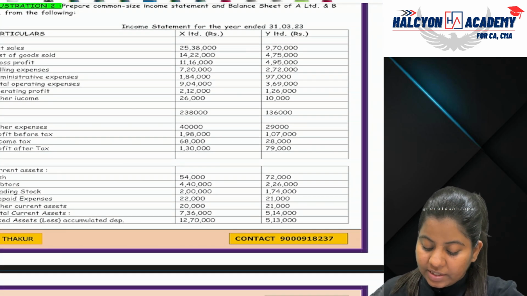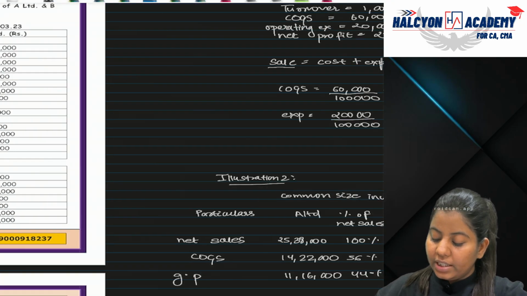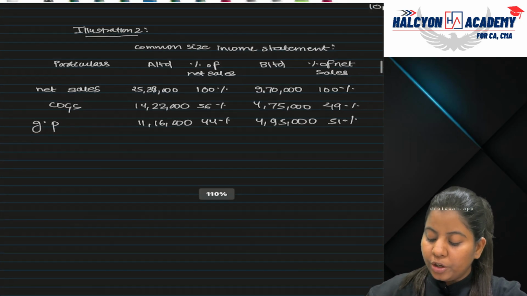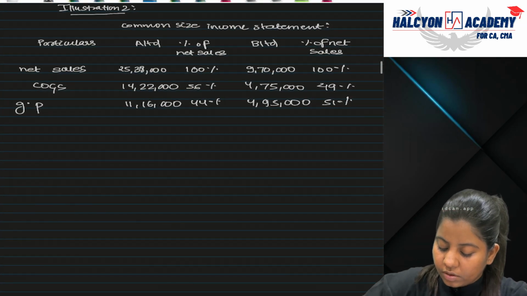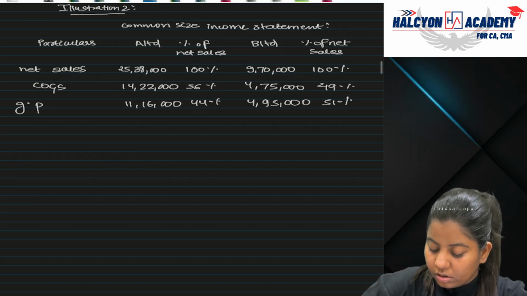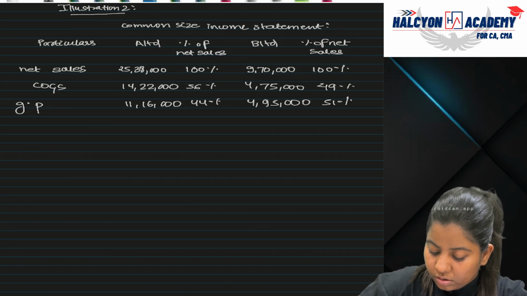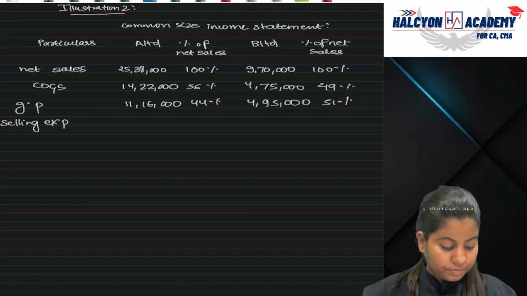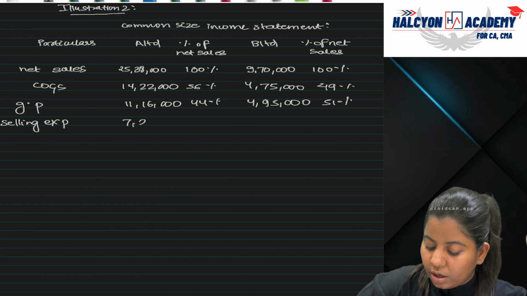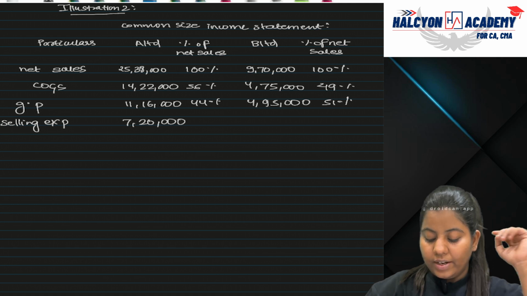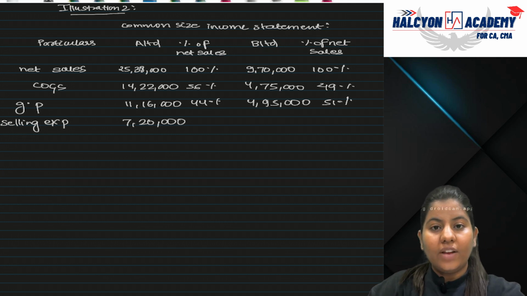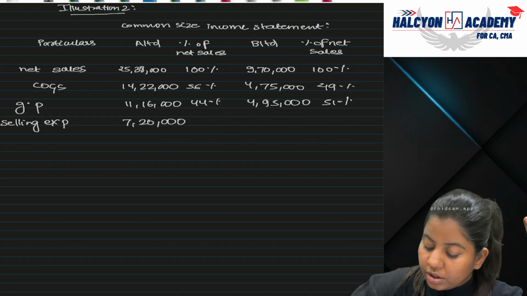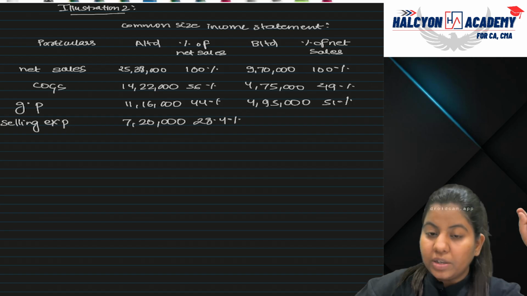Next is selling expenses. Selling expenses is 7,20,000. I am doing it for A Limited only. 7,20,000 divided by 25,38,000 will be 28.4%.